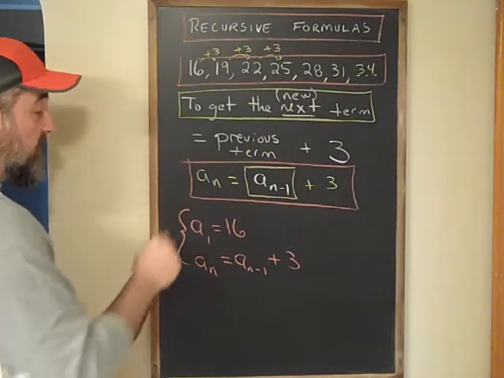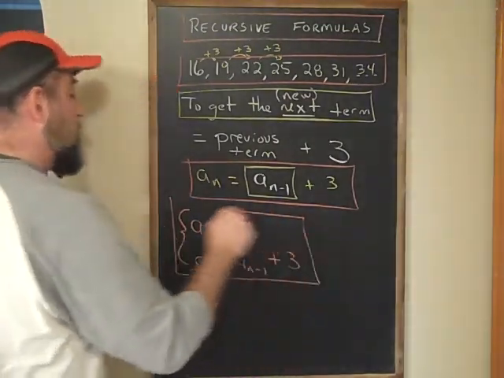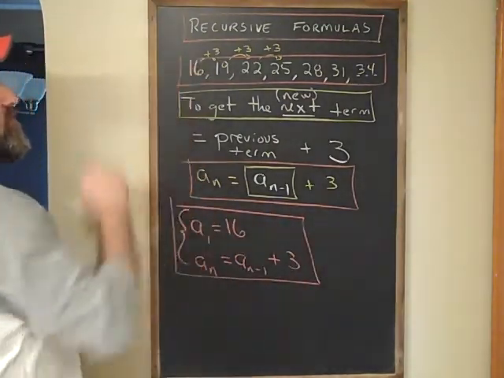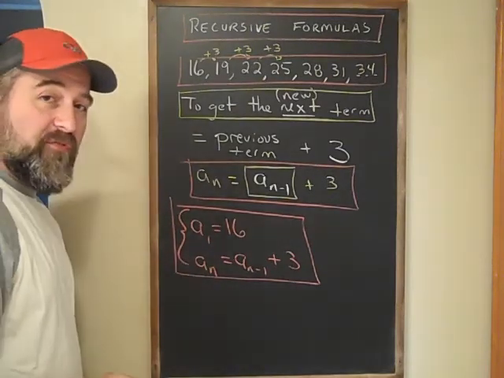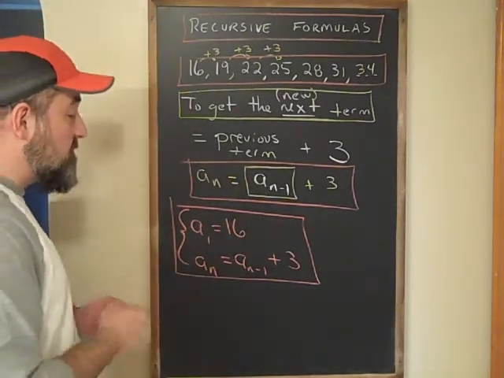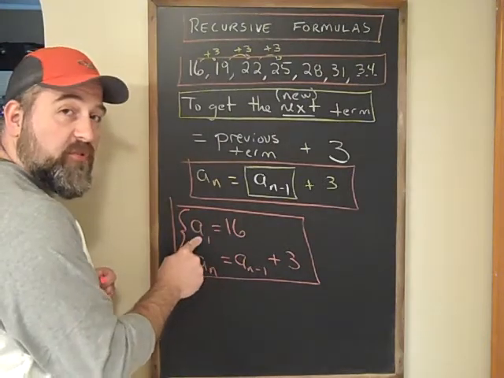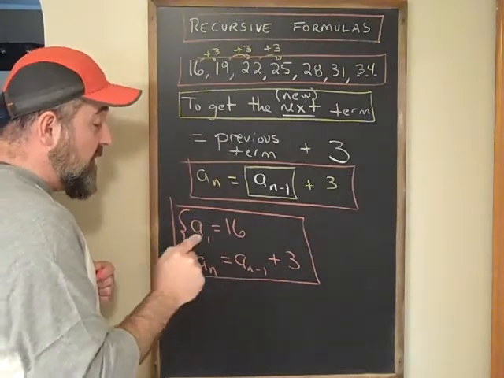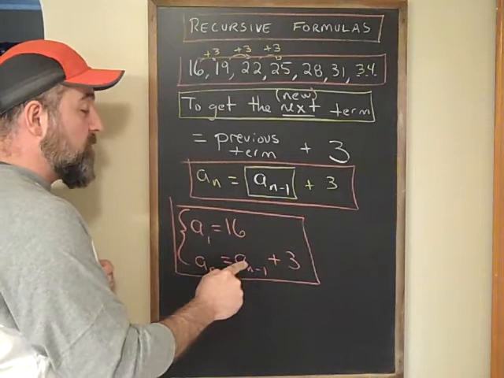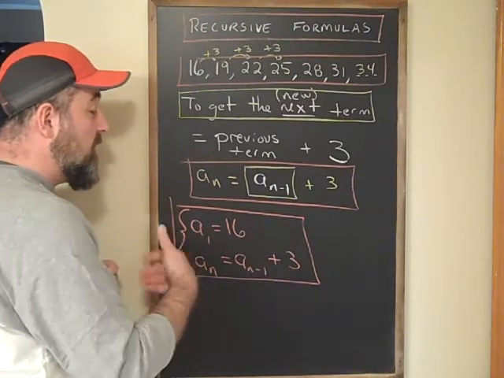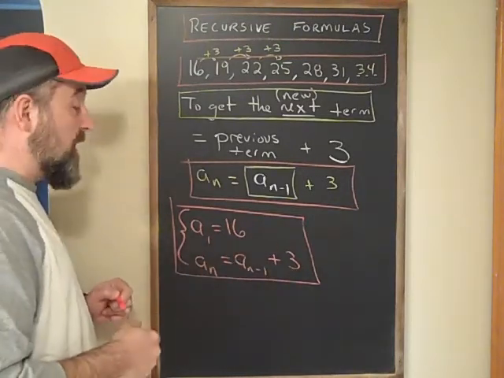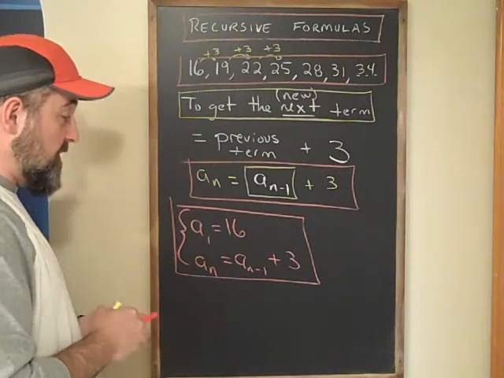Sometimes there's no brace written. But in essence, right there, that is the recursive formula for this. I realize it looks confusing, but if you understand, this just means the first term is 16, and any term is the previous term plus 3.